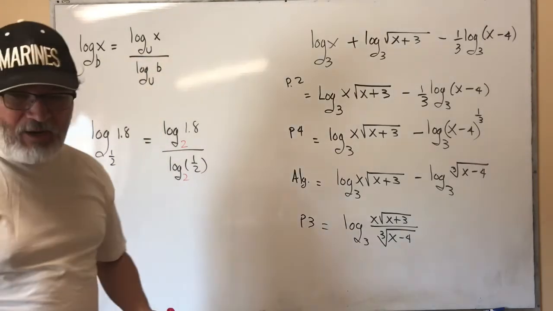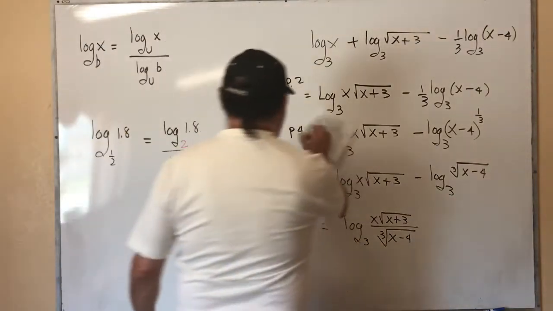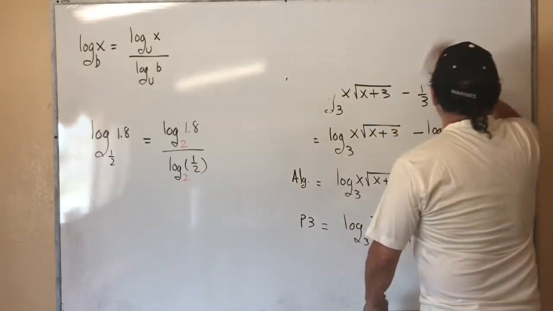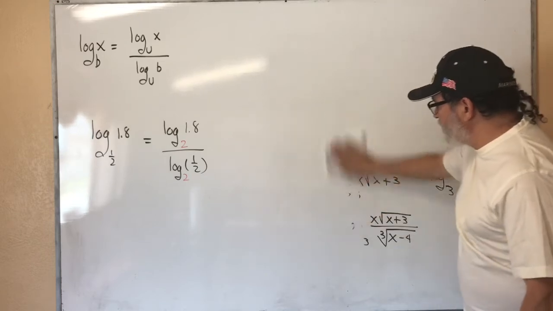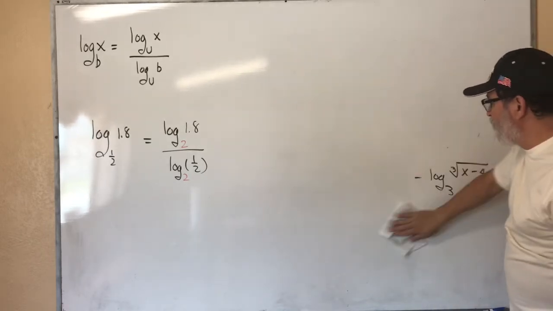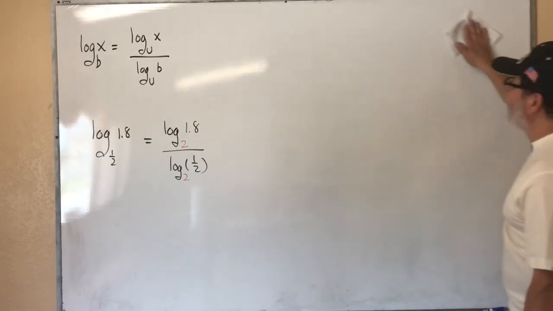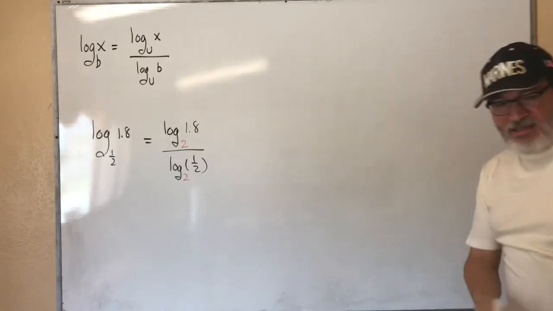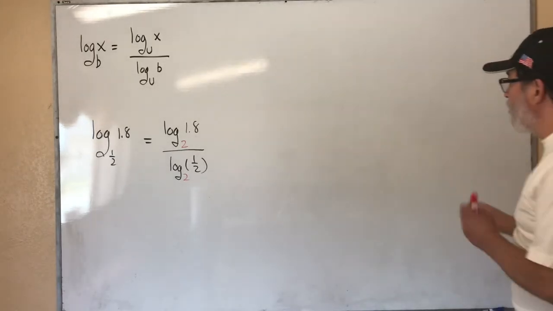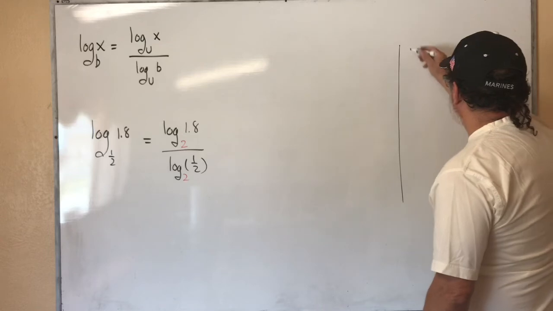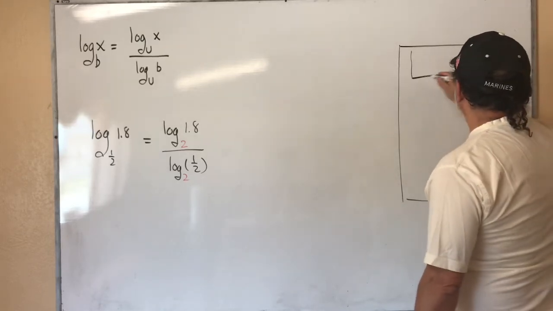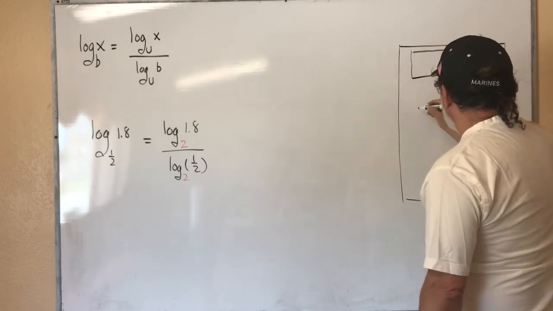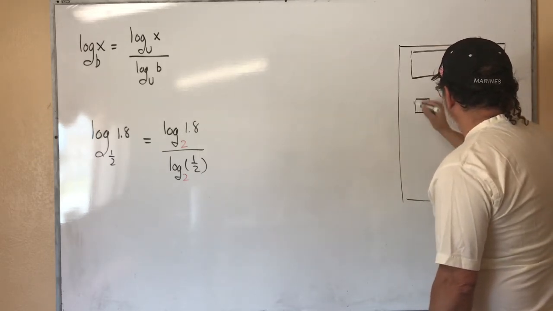So therefore, you want to pick one of two bases. Remember what your calculator has? I showed you earlier. Your calculator either has base 10 or base e. This is the window. This is a key.